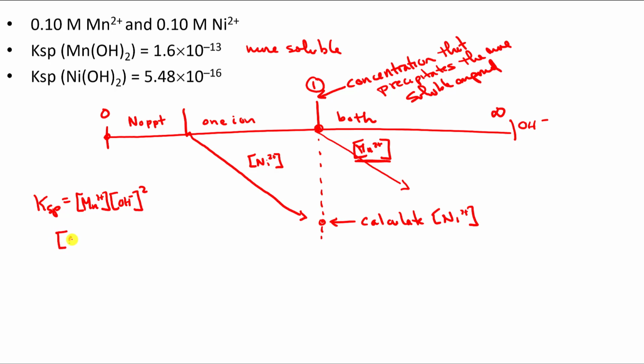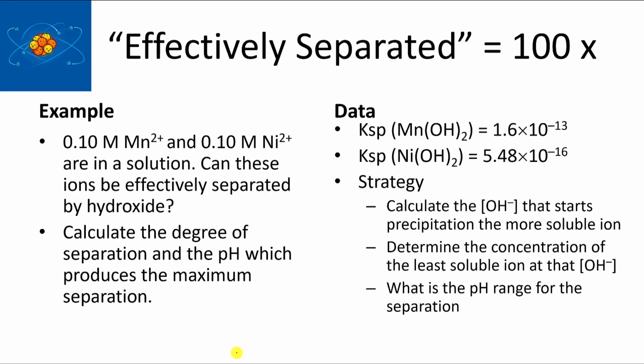And so I'm going to write OH, I like to rearrange and put this on one side, is equal to KSP over the concentration of Mn2+. And then I need to take the square root of both sides to get rid of that square. That'll be my hydroxide ion concentration where the more soluble ion begins to precipitate out. So this is my first calculation that I do there. That's one.